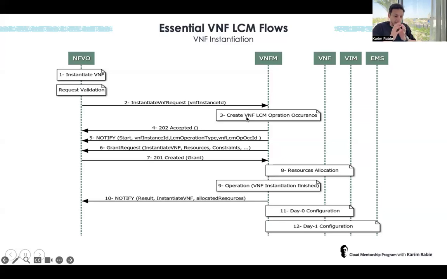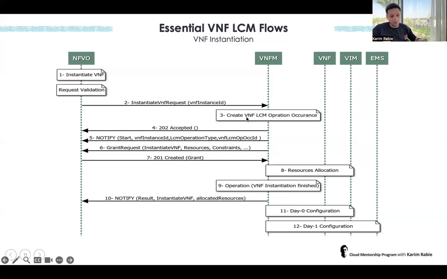But during the granting in steps 6 and 7, the NFVO maintains a repository that includes all the resources managed by that NFVO. For instance, I have 3 data centers, I have this number of CPUs, the allocated resources and what is left. So it already has visibility on the available resources on the cloud.